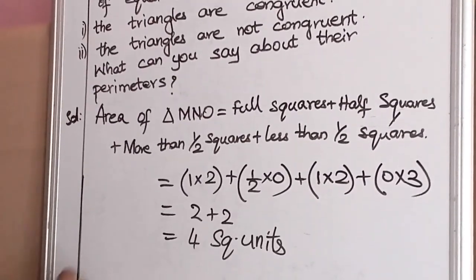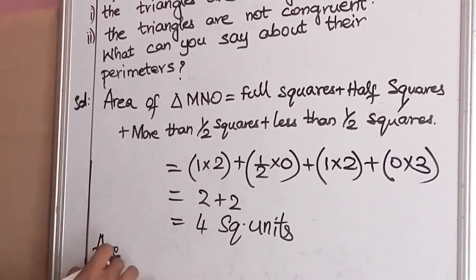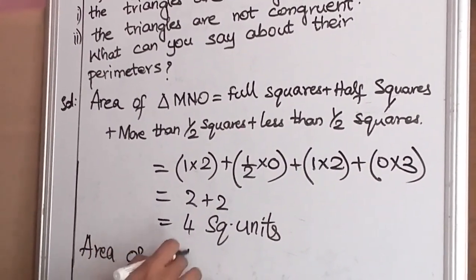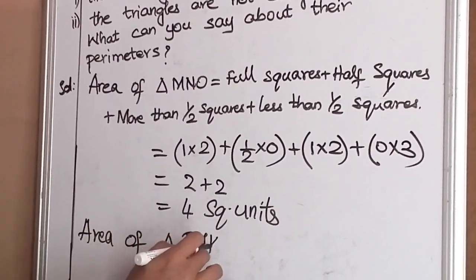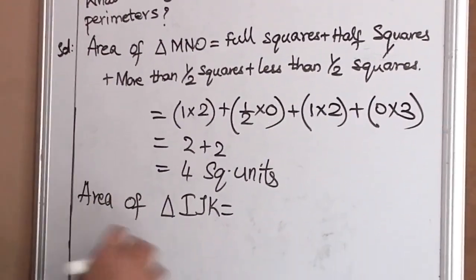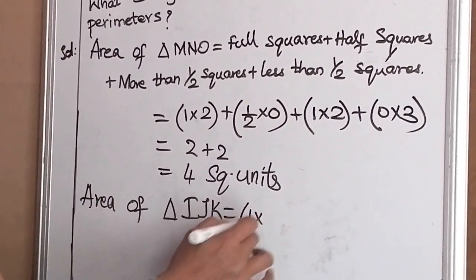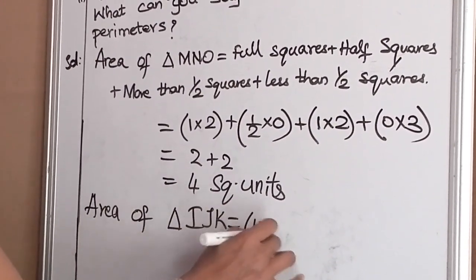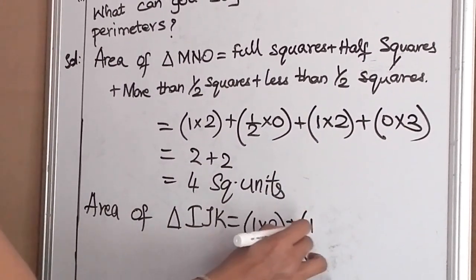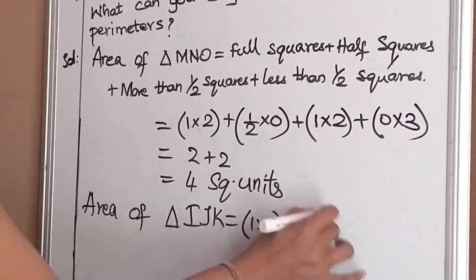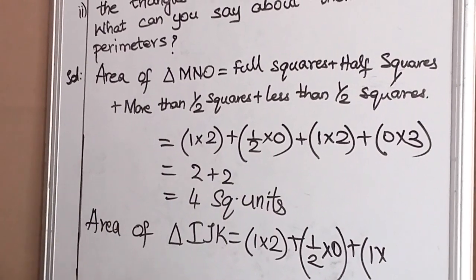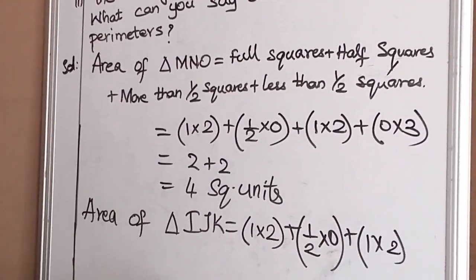Okay, now let us find out the area of triangle IJK. This is equal to, now we are not writing the formula, we will write it directly. 1 into 2, how many half squares are there? No half squares. Plus, how many more than half squares are there? 2 more than half squares.